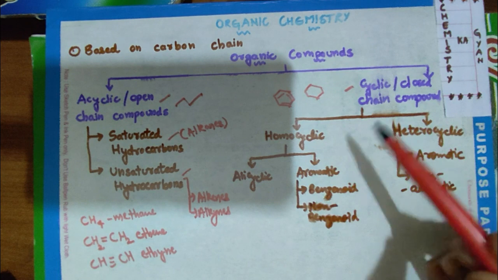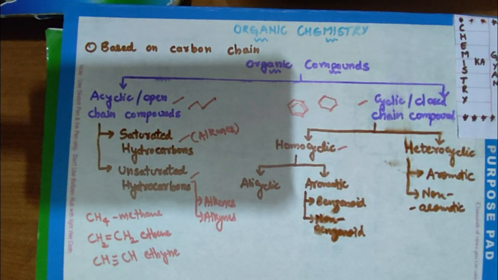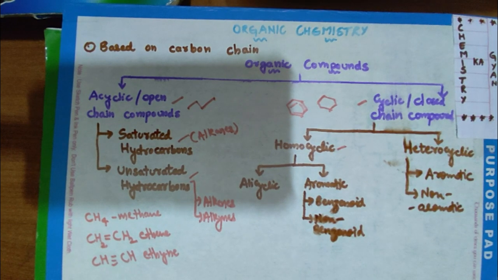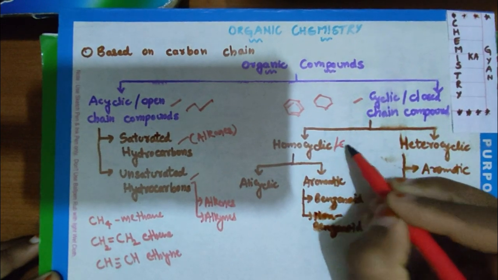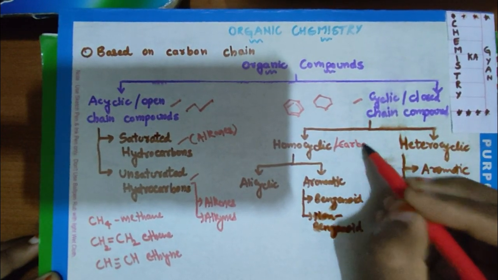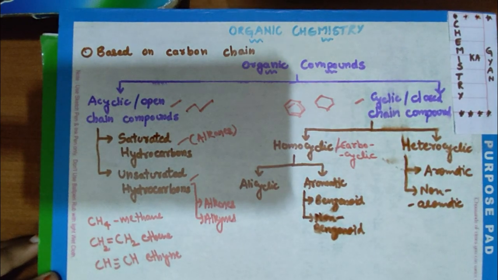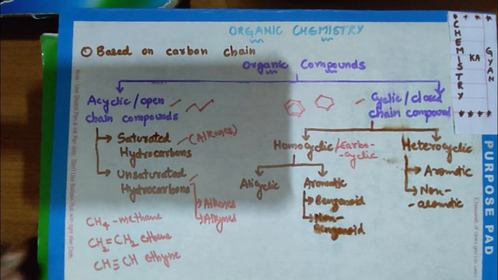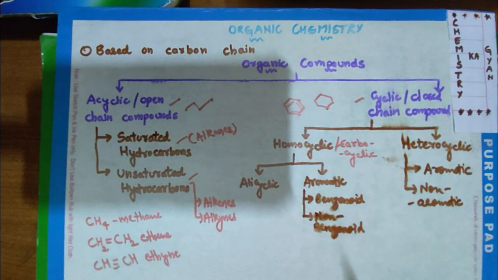Homocyclic means there is no atom other than carbon in the ring. It is also called carbocyclic, so it consists of only carbon atoms. The examples are cyclohexane and benzene.